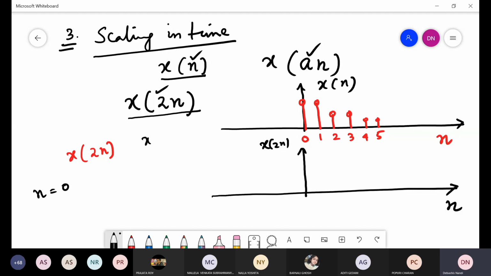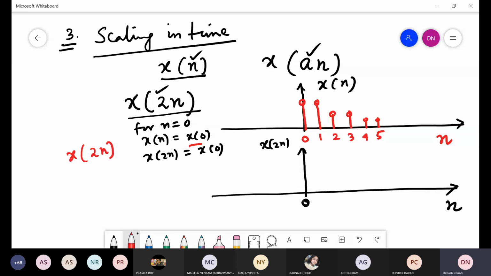Then x[2n] is x[0]. At this point, x[0] is the value, suppose 1. So I am drawing this sample here.